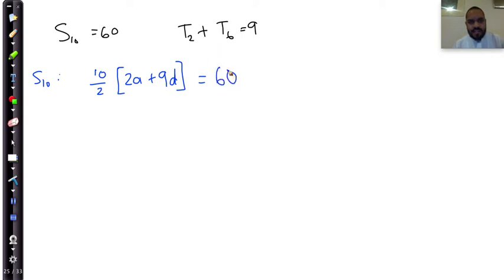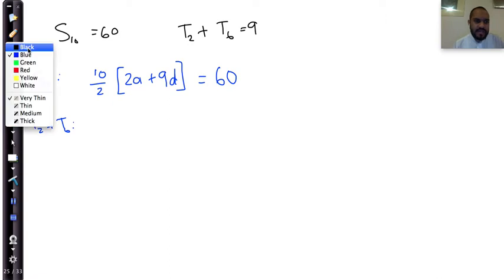So let's start there. That's our departure point. Secondly, you have T2 and T6. Now, T2 plus T6, I'm just going to put this over here. T2, sorry about that, plus T6. Let's substitute in what T2 is. T2, as you know, is just the first term plus the difference.